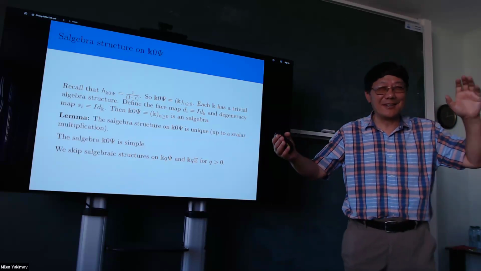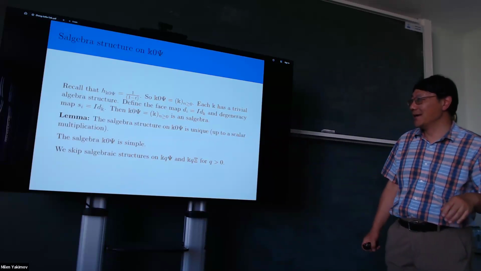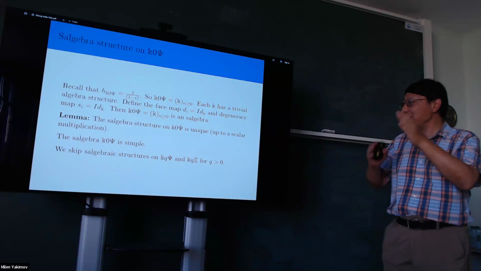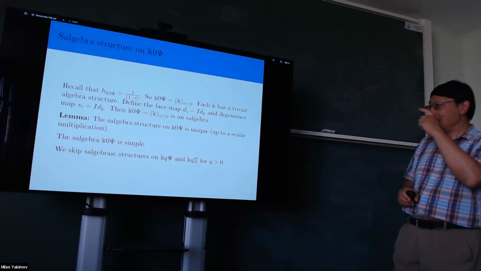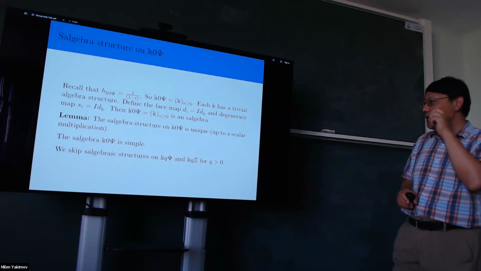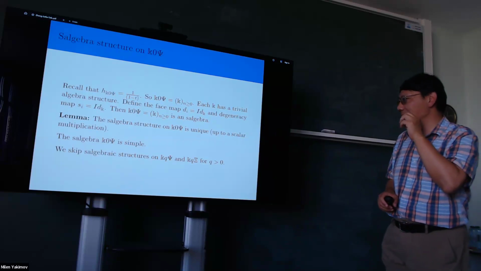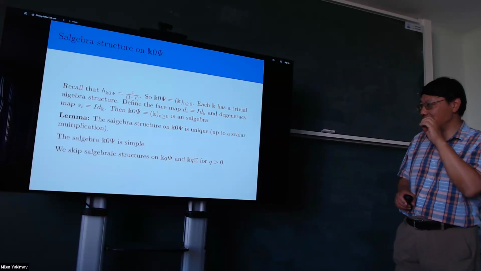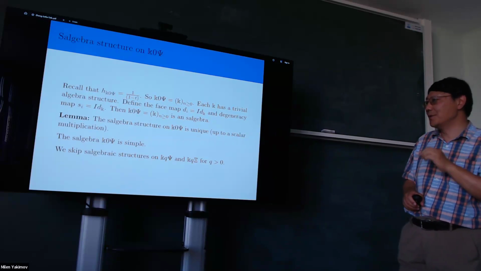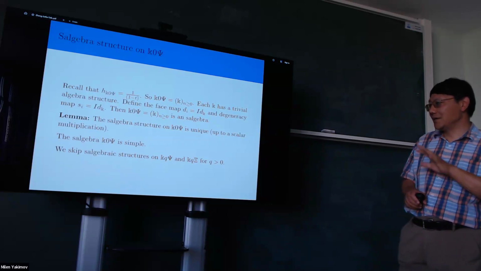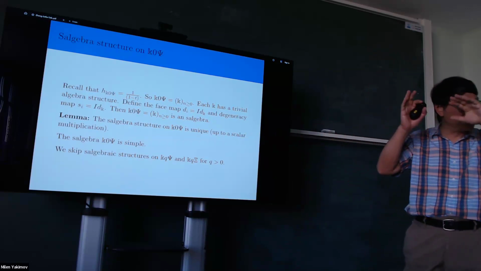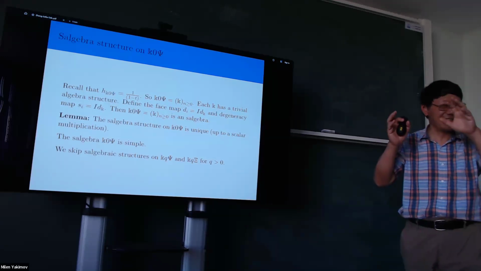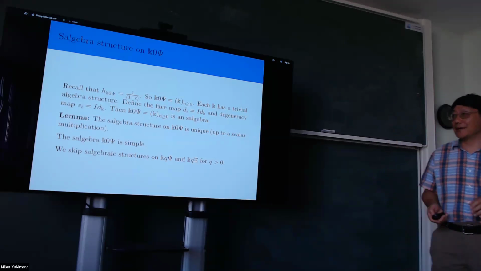This is just a trivial algebra structure on K. All the face maps and the adjacent maps are just identity. Then the Lemma says there is a unique algebra structure on this vector space, which is simplicial. And I'm going to skip the algebra structure on the higher Q because it's getting too complicated. But this one I can explain.